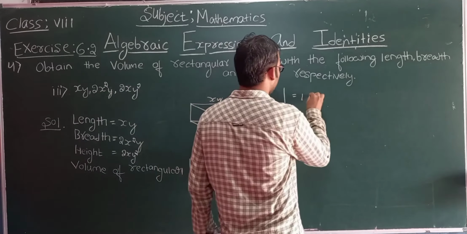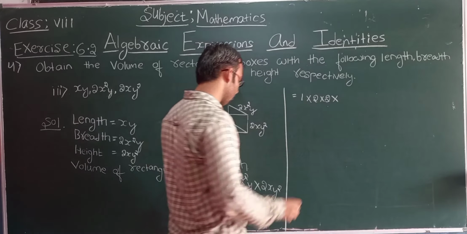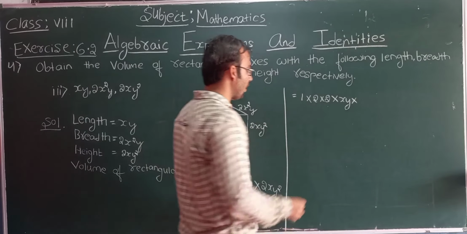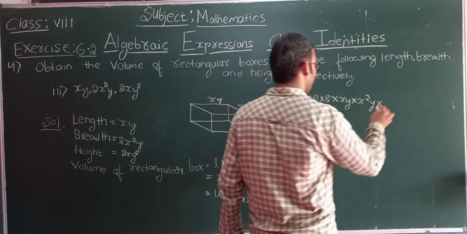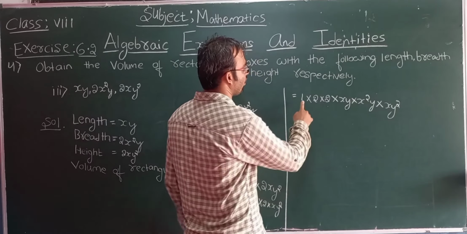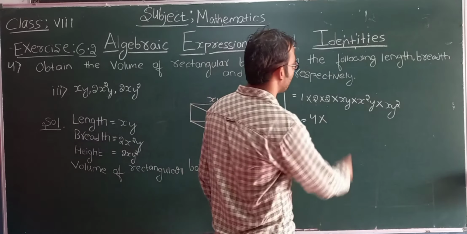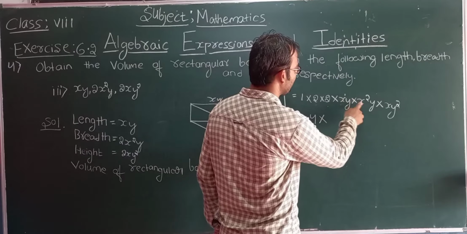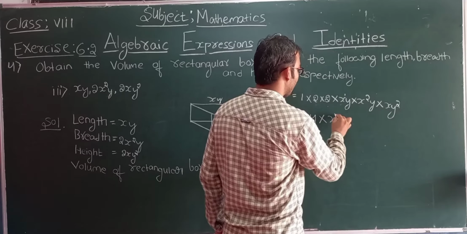So here 1 into 2 into 2 into xy into x square y into xy square. Here 1 2s are 2, 2 2s are 4. Now look at here, x, nothing is there means 1 will be there, so x into x square is x cube, and x cube into x is x to the power 4.